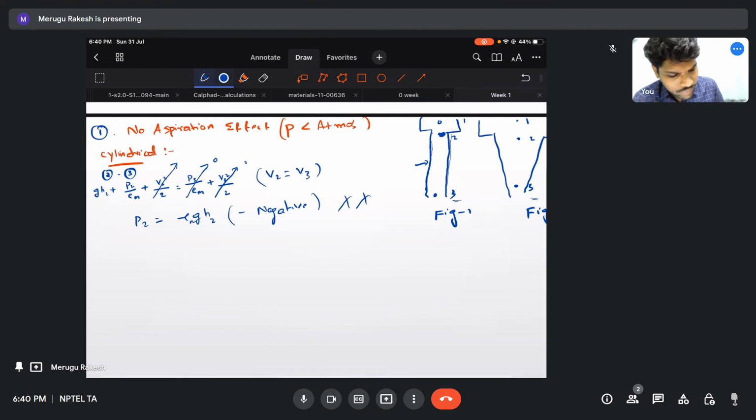For the limiting case, the P2 pressure also should be atmospheric, so P2 should be 0. So in case 2, I am taking the limiting case, where pressure is equal to atmospheric, or it should be greater. Limiting means it should not be negative. So I am taking pressure as 0, which is the limiting case.